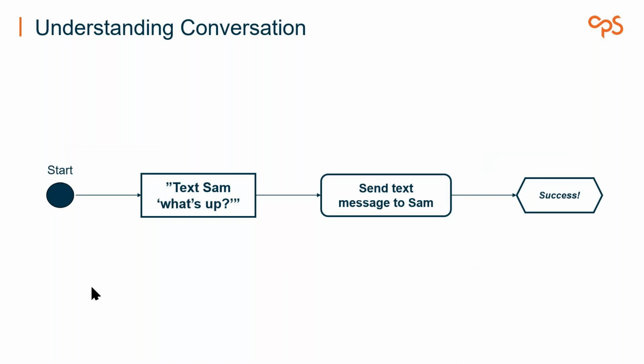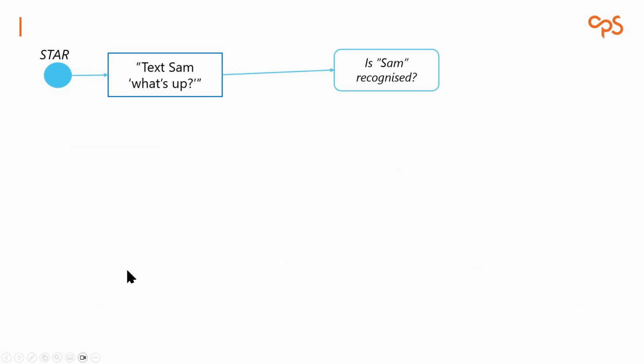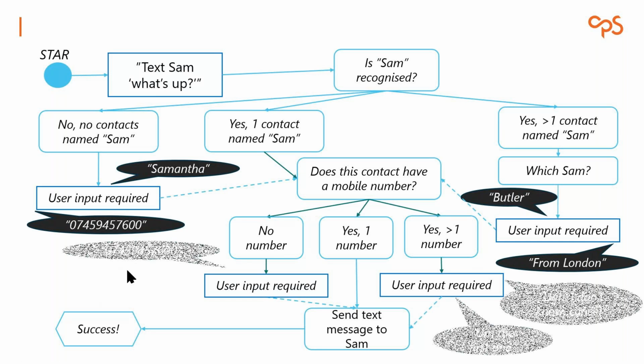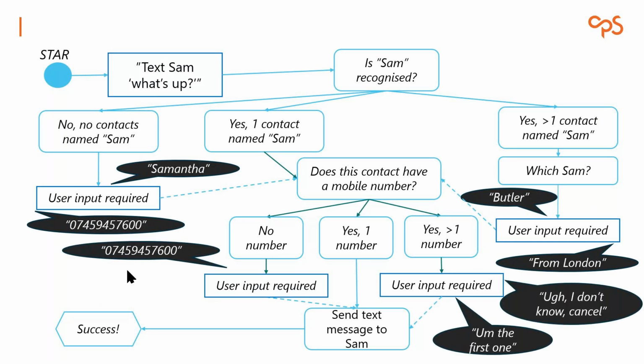We send the text message to Sam and that conversation is finished. When we think about integrating that type of conversation into a chat-based interface, it isn't actually that simple, because what happens is we go through, we ask the question, and then we start to have lots of different branches that can cause challenges to ultimately getting to the success.